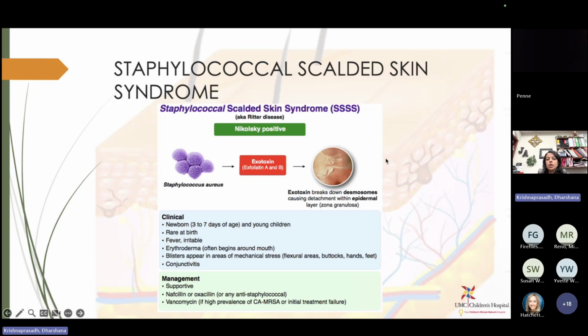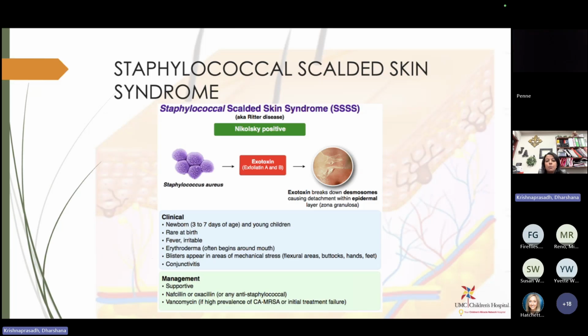Usually it can occur in newborns, like 3 to 7 days of age, and young kids. They are a little sicker, with fever and irritability, because these blisters or lesions can be extremely painful, and they peel off even with gentle touch or mechanical stress.